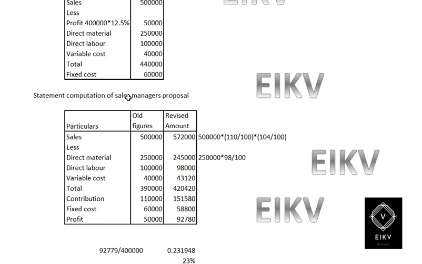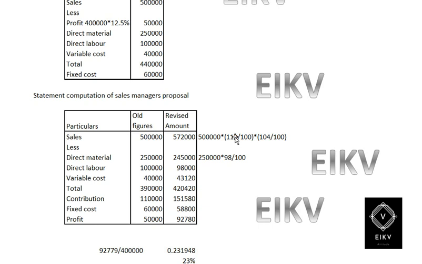Now we are going to compute the profit as per the recommendations of the sales manager. We have taken sales as 5 lakh, and there will be an increase in sales volume by 10% and the selling price will be increased by 4%.